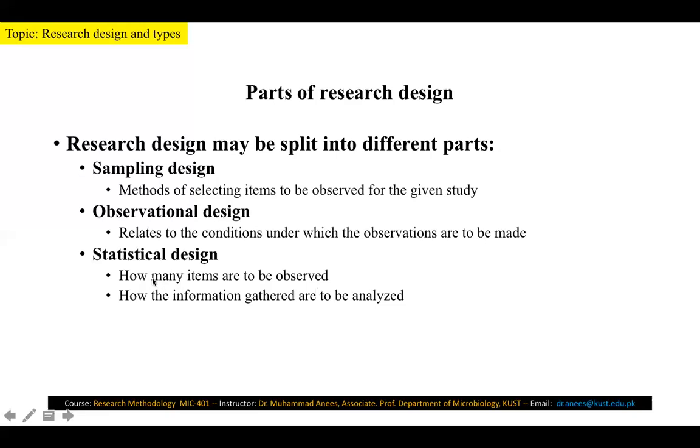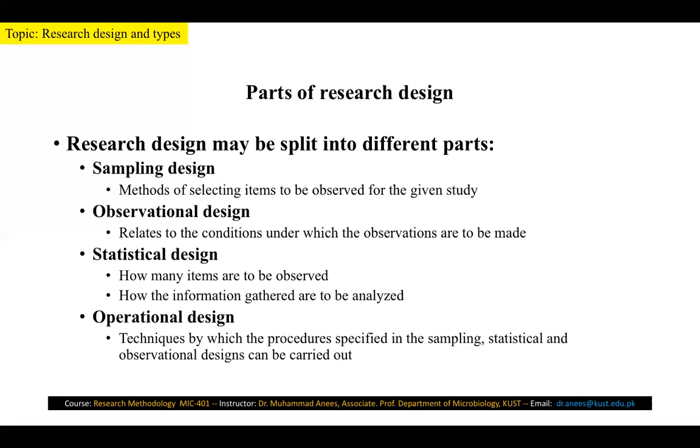So we need an optimal statistical design. For that purpose, we have to decide how many items are to be observed, how many repeats, how many replications. This all comes under the statistical design. So we have to decide which statistical design will be optimal and which will be followed to gather information and then analyze it.